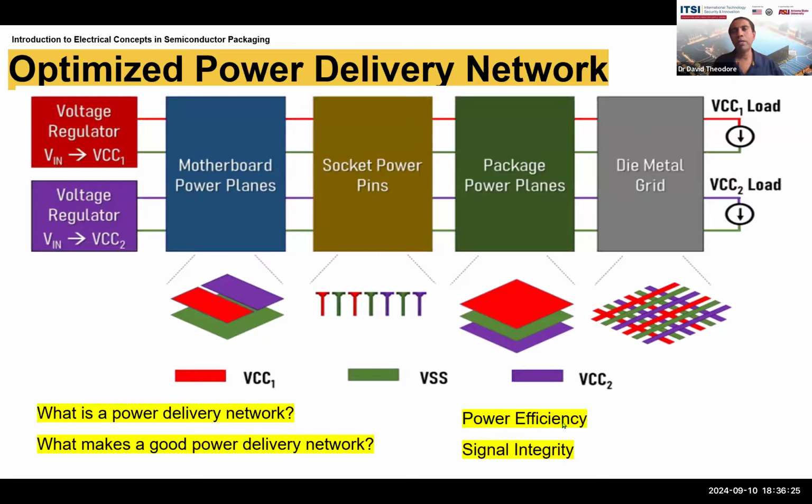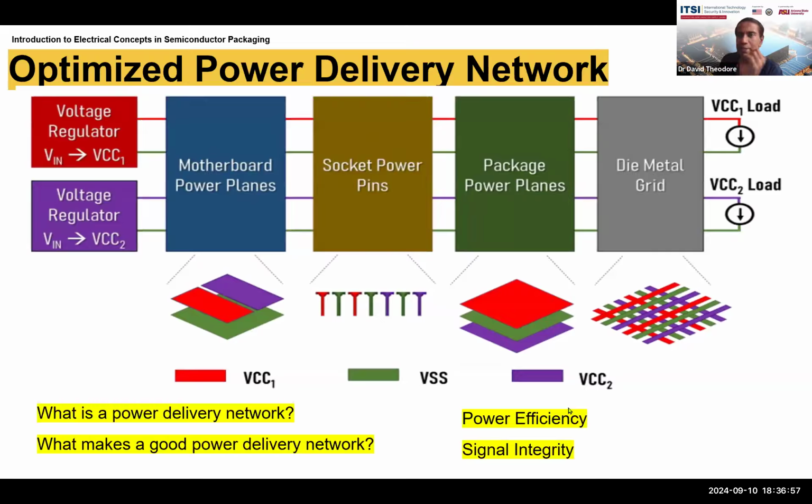Power efficiency is a function of, if you put in, pick a number, 60 watts of power into the die, you want all of that power, or as close to that amount as is possible, to actually be used in the operating of the die rather than being lost in transmission losses, because of heat, the power being used up in heat dissipation with electrons moving through the wires anywhere in the motherboard, in the sockets, in the package, or in the die itself.